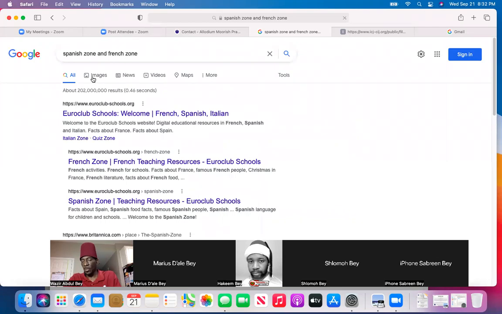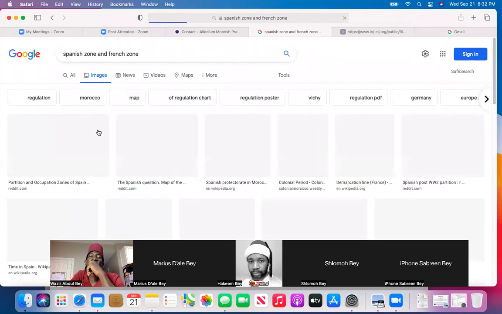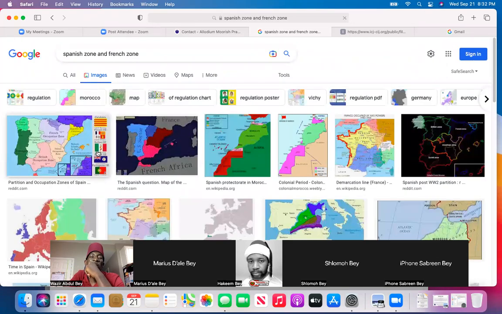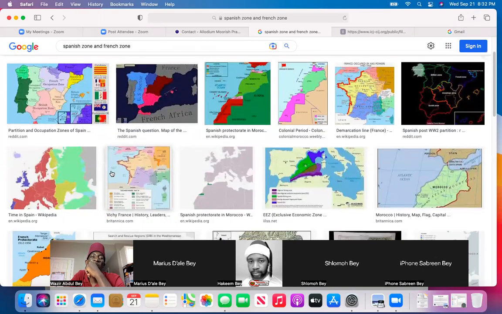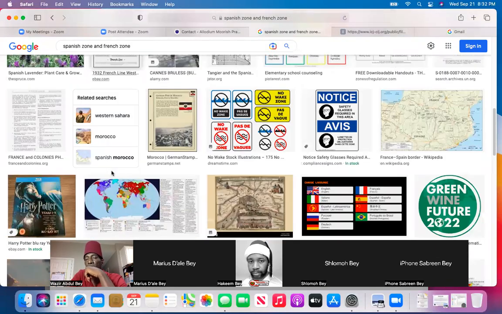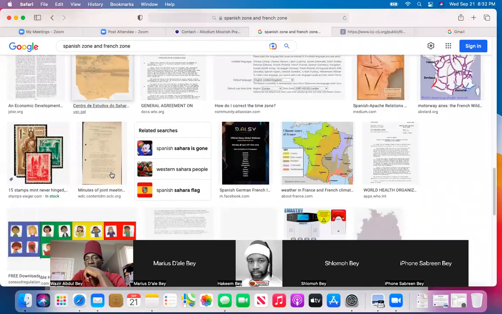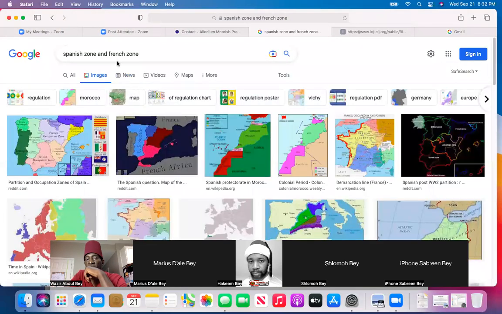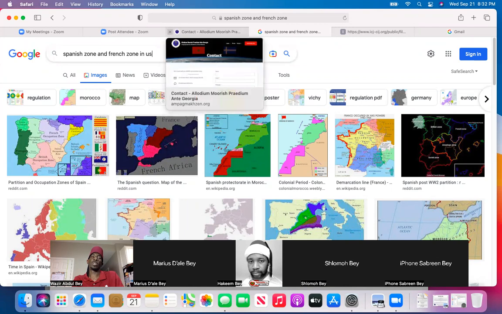Images. Now I know the map when I see it. I hope I see it. Let's say instead, Spanish zone and French zone in US.